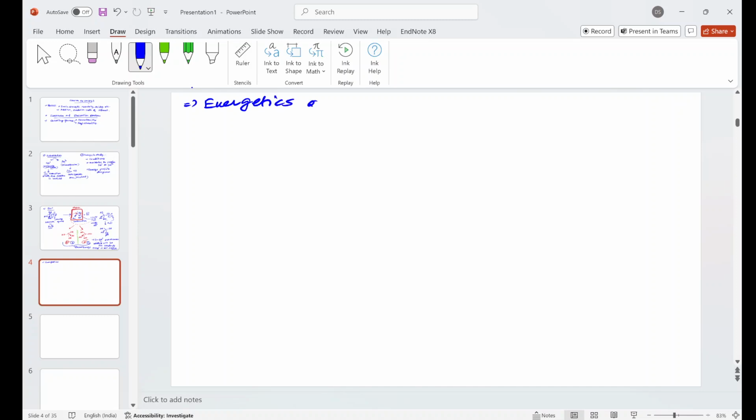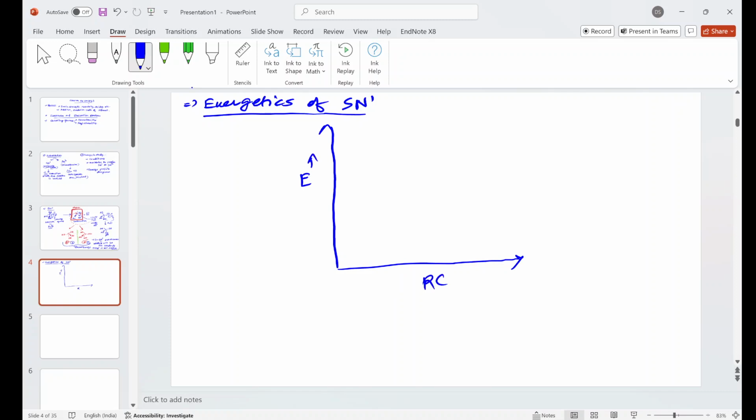Energetics of SN1. To draw the reaction coordinate, how will it look? This is your energy, and this is the reaction coordinate. So you are starting with a reactant. Where are you going?